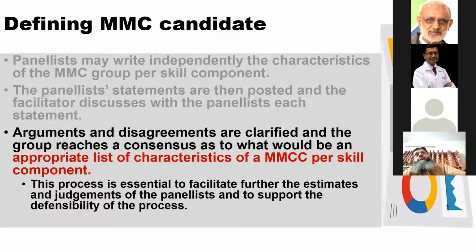Arguments and disagreements are clarified and the group reaches a consensus as to what would be an appropriate list of characteristics of a minimally competent candidate per skill component. This process is essential to facilitate further the estimates and judgments of the panelists and to support the defensibility of the process.